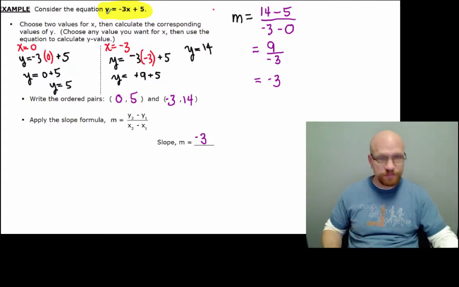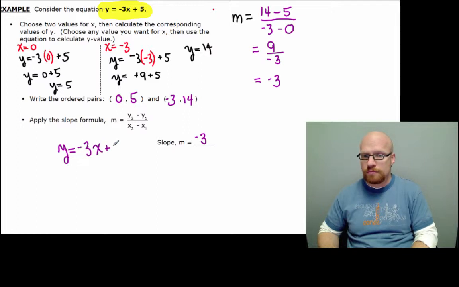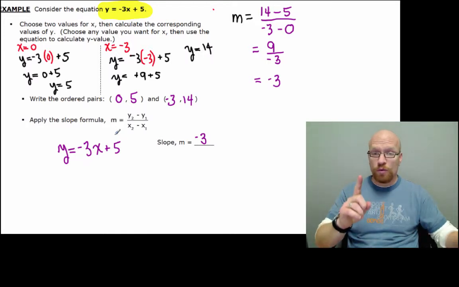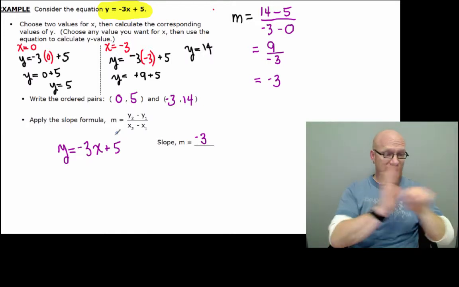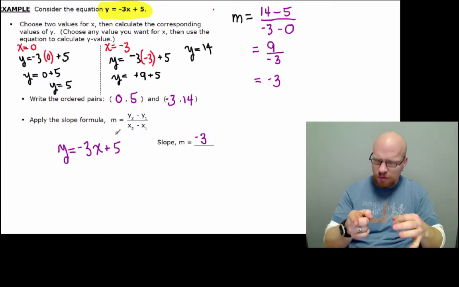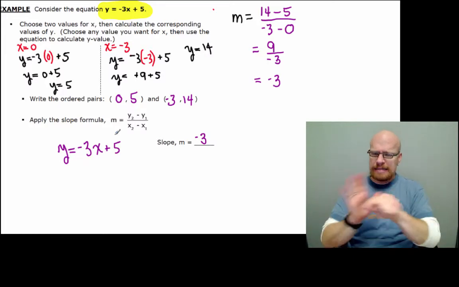So our slope is negative 3. In that type of equation, the coefficient for x is negative 3.